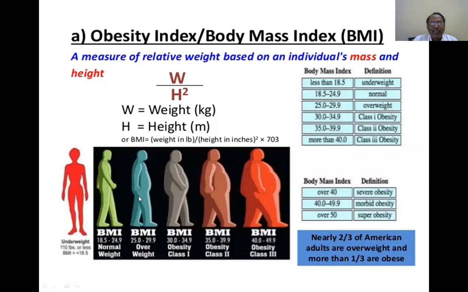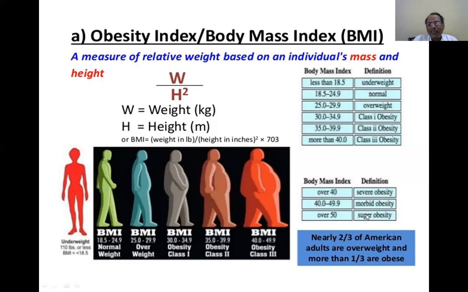You see, diagrammatic representations are being given. And more than 40, again, is called severe obesity. And 40 to 49.9 is morbid, diseased obesity. And over 50 is super obesity.